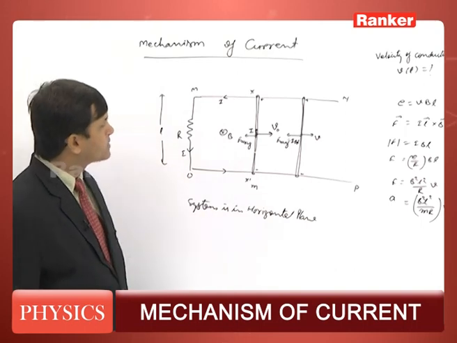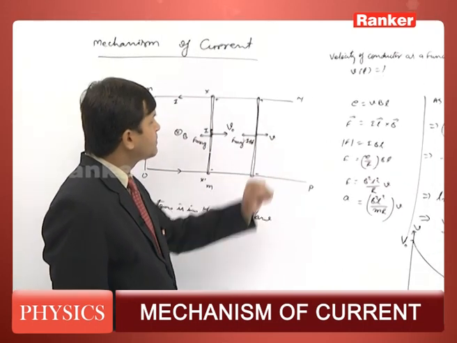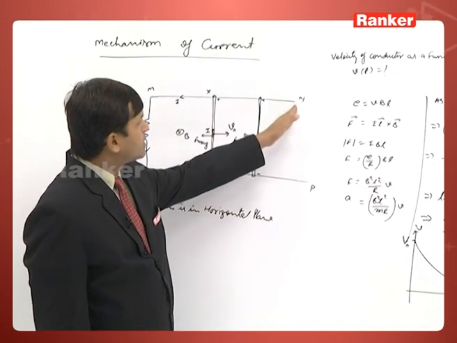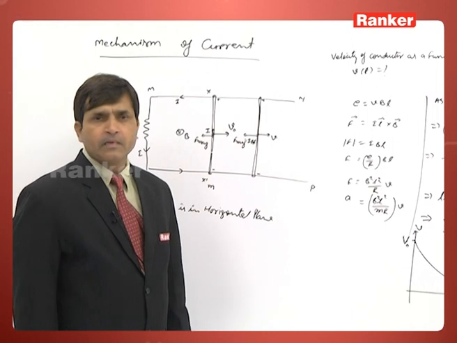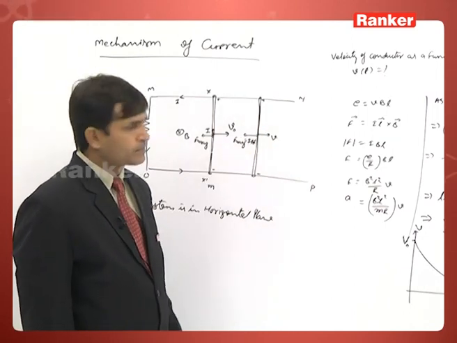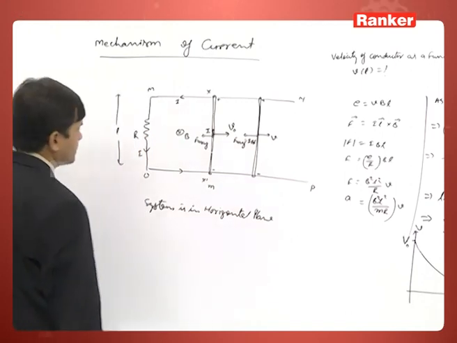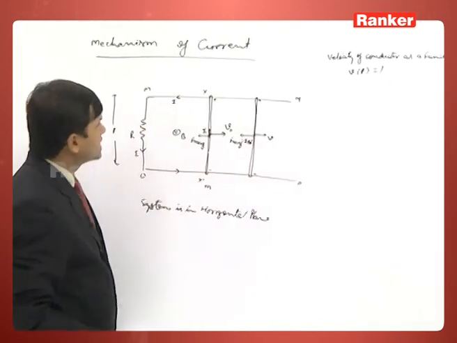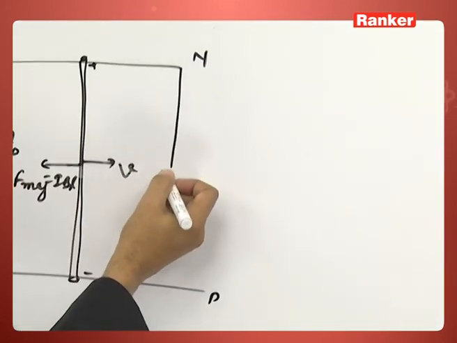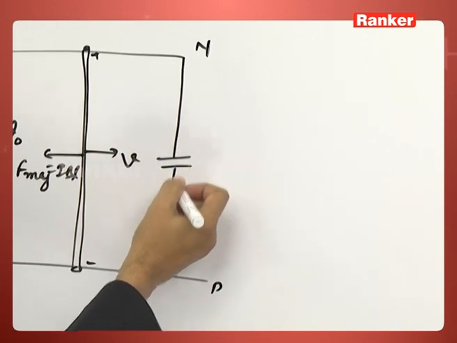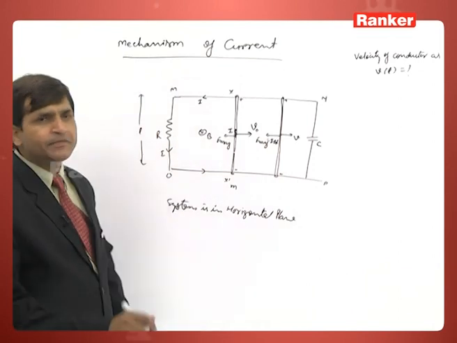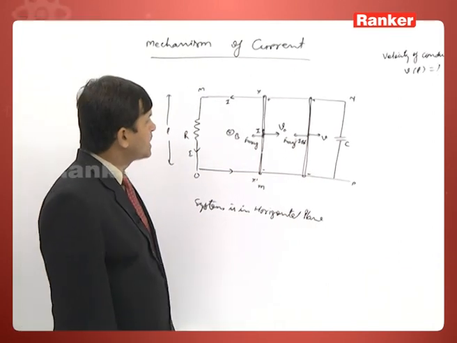See, for example, suppose in the same question we let the other ends of the rails also join, and this time they are joined with a capacitor. Now the question is, if the other end of the rail is joined with a capacitor of capacitance C, how do we get the relation?